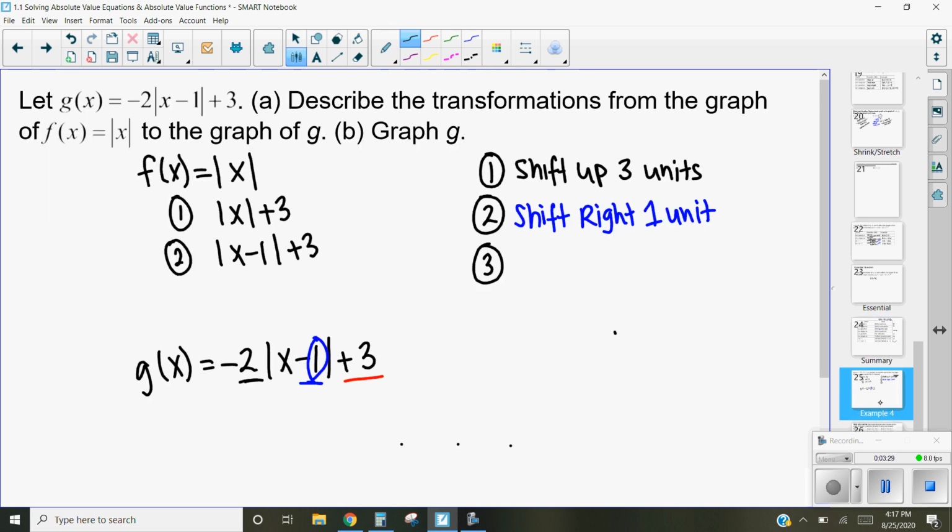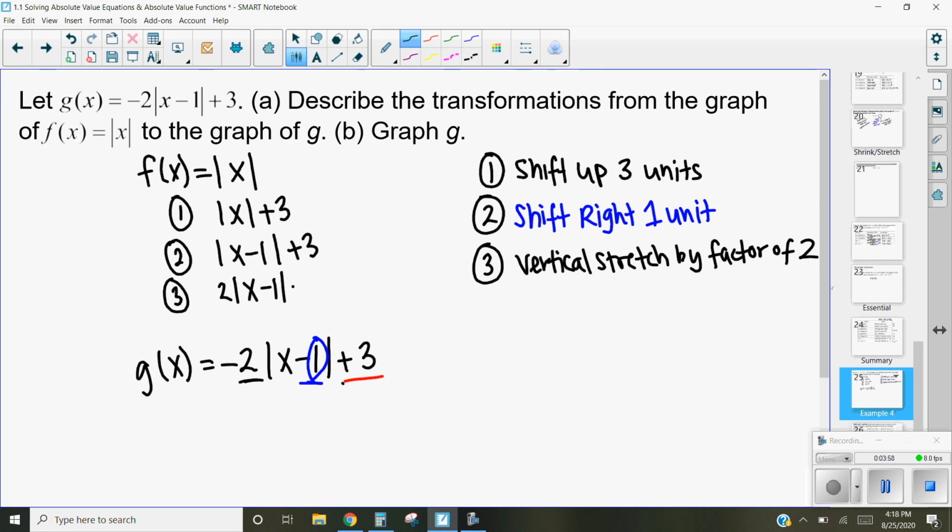I'm going to write that it has a vertical stretch by a factor of 2, because instead of it being 1, 1, we're now at 1, 2. So we've gone up. If we were to write that, the third step takes us to a function that would be 2 times the absolute value of x minus 1 plus 3.